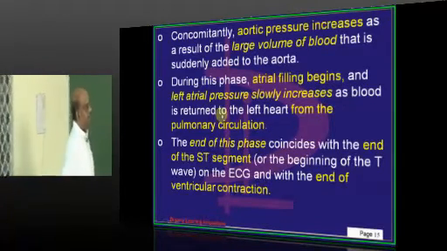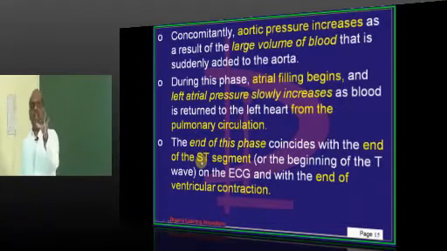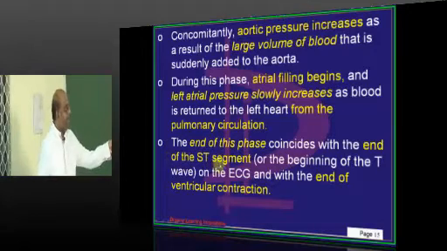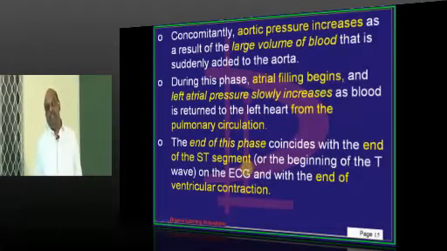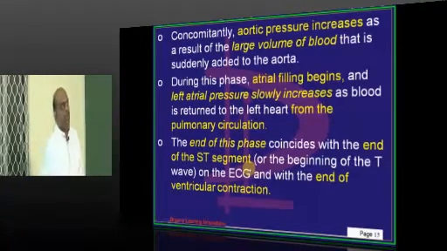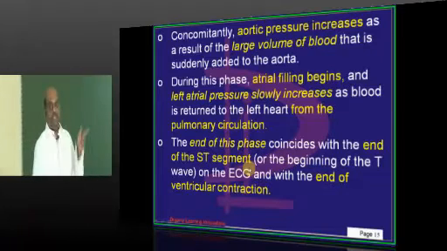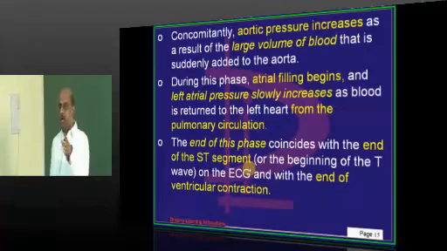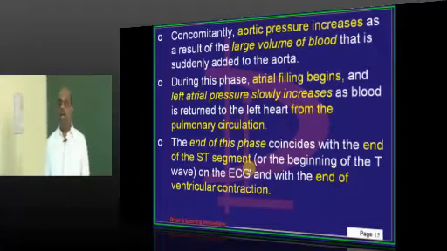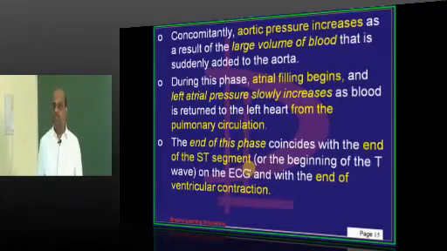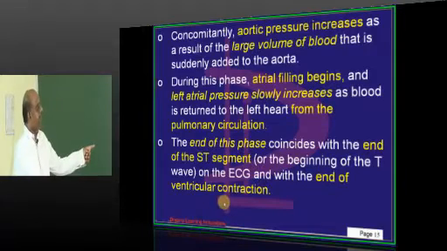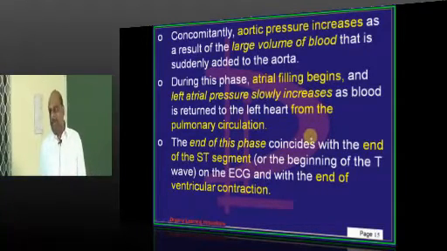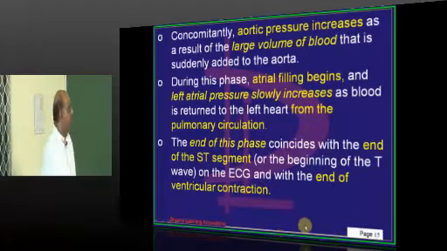And the end of this rapid ventricular ejection corresponds to the end of the ST segment on the ECG. So P wave precedes atrial systole. QRS complex occurs during isovolumic ventricular contraction. And the end of the ST segment is the end of the rapid ventricular ejection.